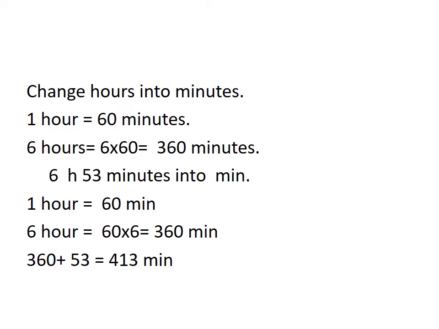Then 6 hours is equal to 60 multiplied by 6 is equal to 360 minutes. Already 53 minutes are there. Then you can add same unit, right? 360 plus 53 is equal to 413 minutes.